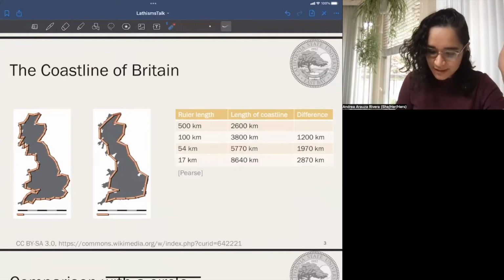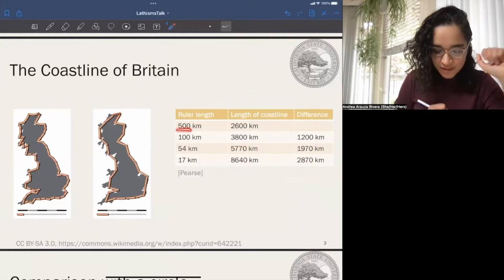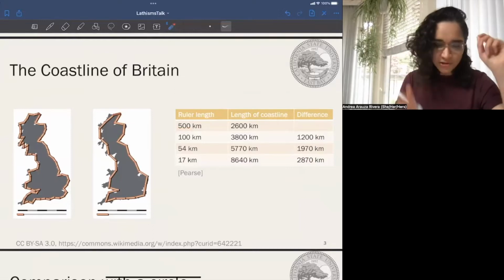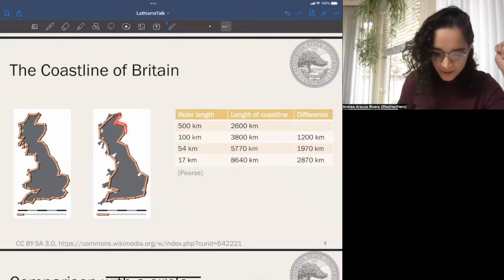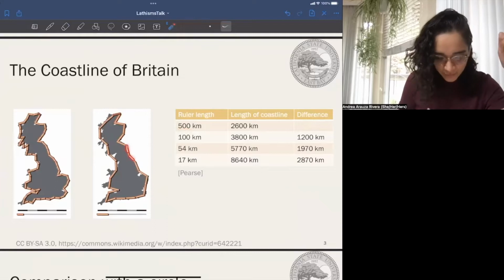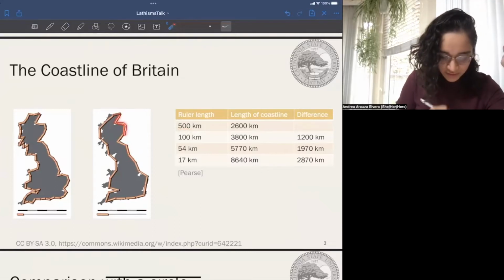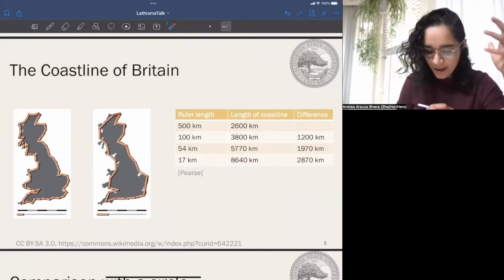I have this little table that tells us what some of the measurements would be. If I used a ruler or tape measure of length 500 kilometers, so maybe these little line segments are each 500 kilometers, and I added up the lengths when I place those rulers along the coast, I would get something like 2,600 kilometers. I could do it again.